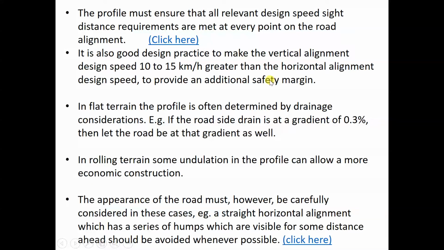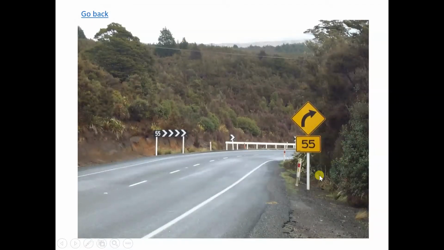That means if you travel faster, you need a longer stopping sight distance. So the sight distance has to be designed accordingly.